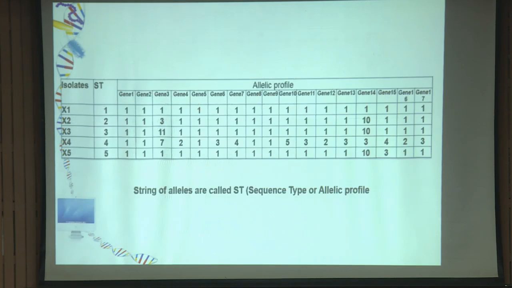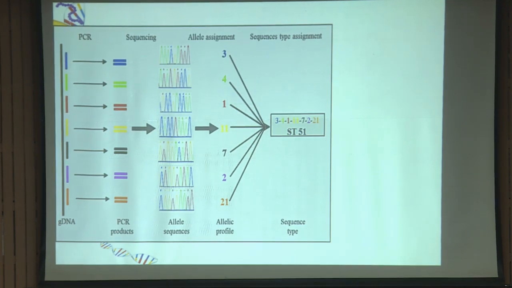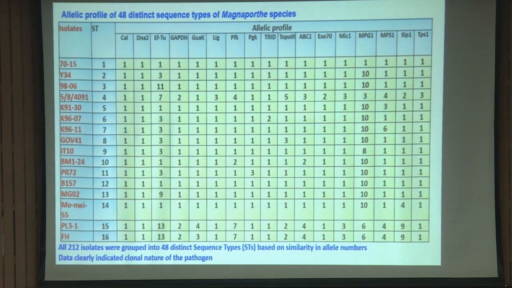Now let us see how to analyze this data. Now you have a mix of numbers. Okay, maybe I can come back to this slide once again. Before that, I just tell you this is the data that we assigned. So 70-15 takes 1, 1, 1, 1, 1.